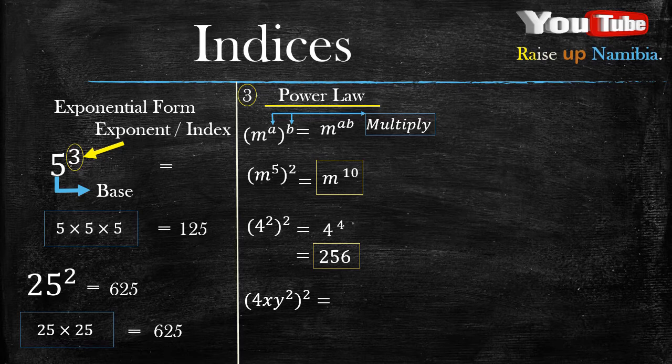I want you to remember that, like I told you before, if you don't see an exponent there, it means the exponent is 1. Okay? So when you multiply the 2 by 4's exponent, which is 1, it equals 4 squared, because 2 times 1 equals 2. Okay?